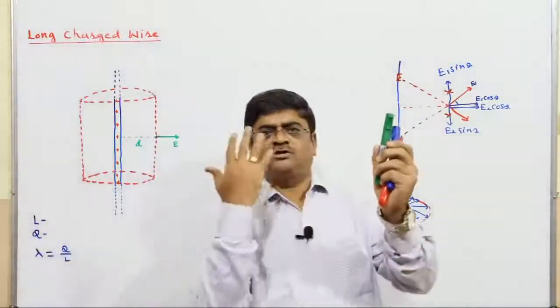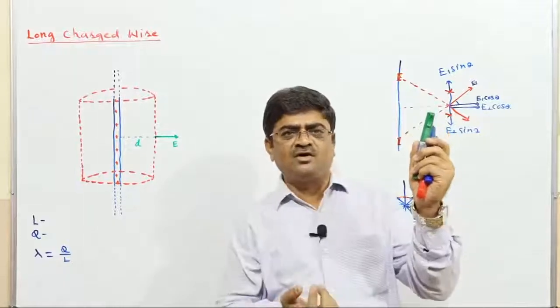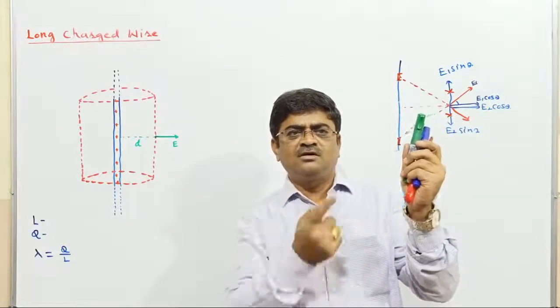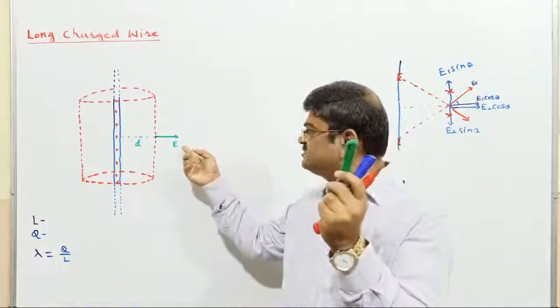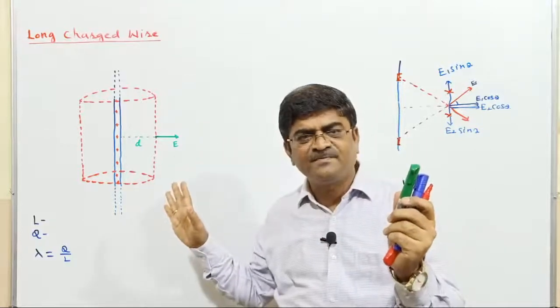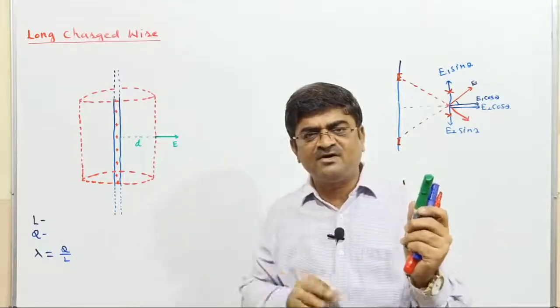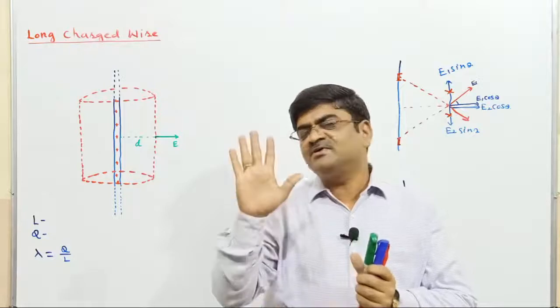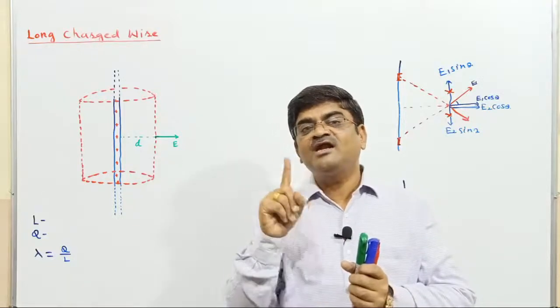Then, that curved surface of the cylinder I have got. At every point the electric intensity E has a magnitude, and the direction is different at different locations. My first aim is calculating flux.